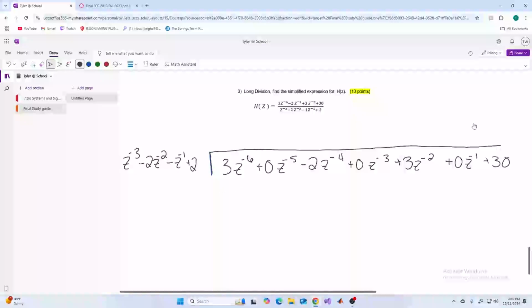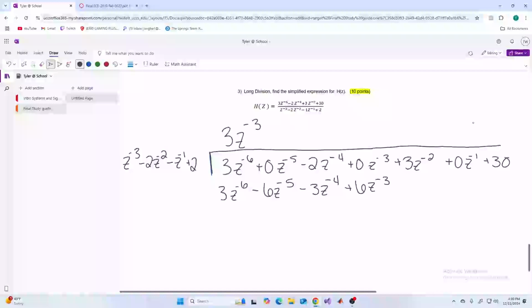To do that, I need to multiply the whole thing by 3z to the negative 3. So I'm going to get 3z to the negative 6. Then I'm going to get minus 6z to the negative 5 minus 3z to the negative 4 plus 6z to the negative 3.